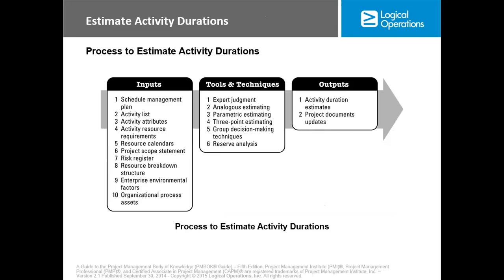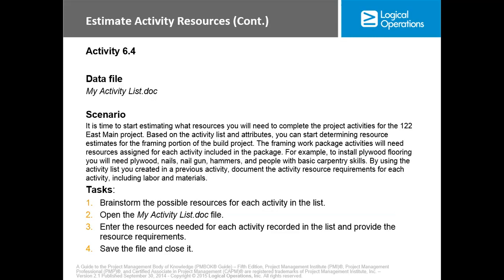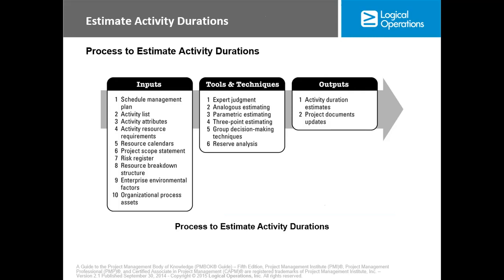Now, the process to determine activity duration. After you have estimated the activities, you now need to determine the duration. The inputs we have are the schedule management plan, activity list, activity attributes, activity resource requirements, resource calendar, project scope statement, risk register, resource breakdown structure, enterprise environmental factors, and organizational process assets.